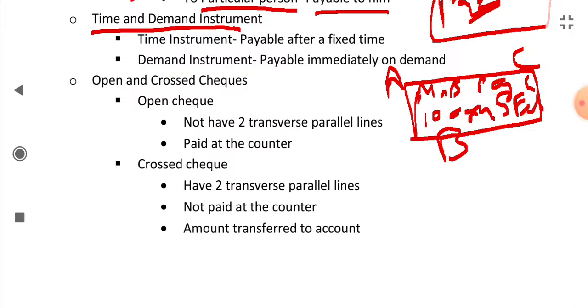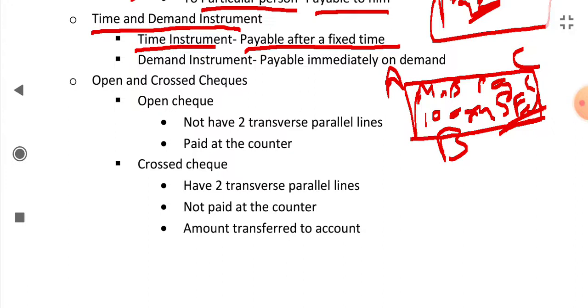In this instrument the date is specified, so the amount will be payable only on 5 February. C can get the amount only on 5 February. This is called a time instrument, when the instrument is payable after a fixed time.